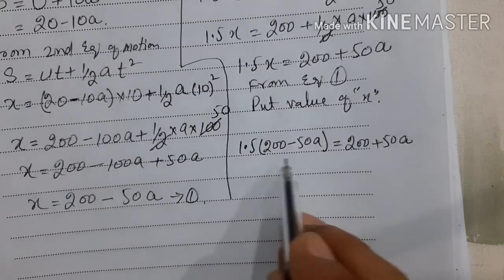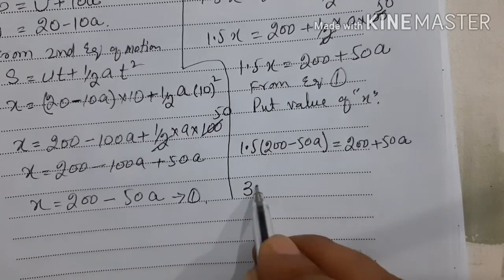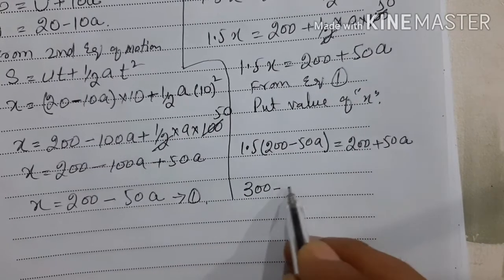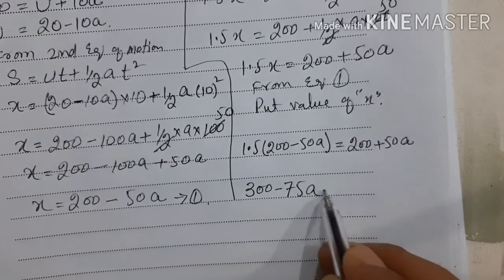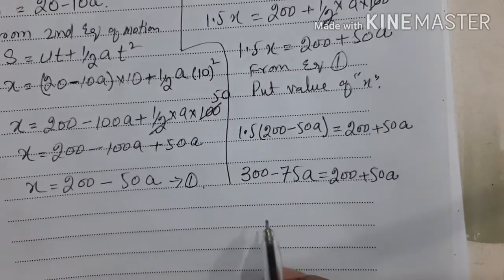Now multiply by 1.5 inside. So this will be 300 minus 75A is equal to 200 plus 50A.